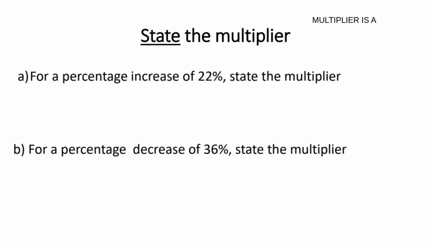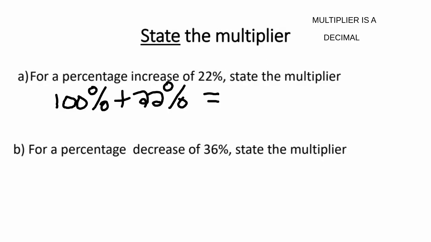That is crucial. Increase. Well, 100% plus 22% equals 122%. But my multiplier is 1.22, the decimal.